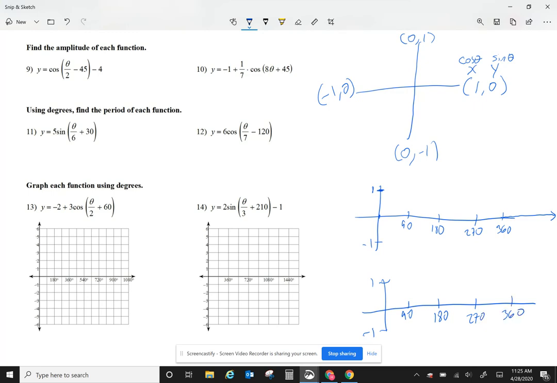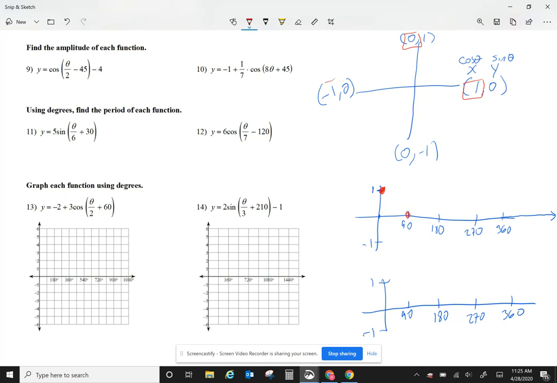Now let's take a look at the graph of cosine. At 0 degrees, my cosine is 1. At 90 degrees, my cosine is 0.